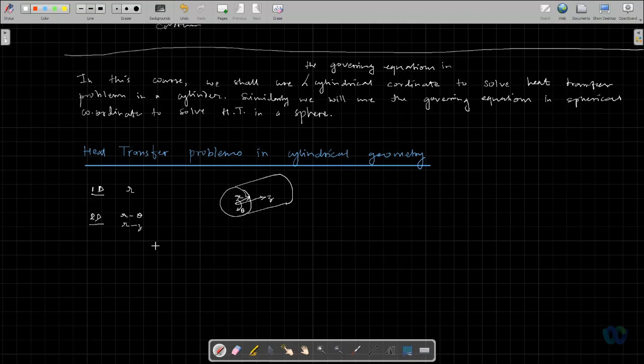If there is no variation in the Z direction, then R-theta means no variations in the solution variables in the Z direction. R-Z means no variation in the theta direction.